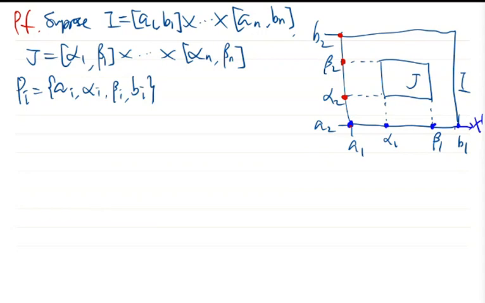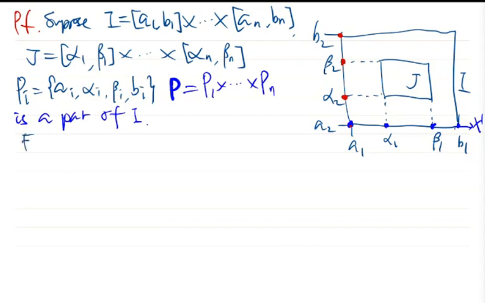Then P = (P1, ..., Pn) is a partition of I. And for every rectangle in this partition, since the symbol J we already used to denote the given rectangle, we denote rectangles in the partition P by J*.